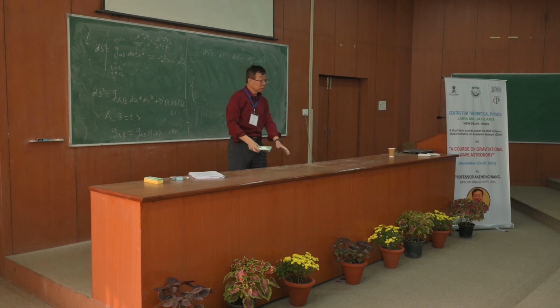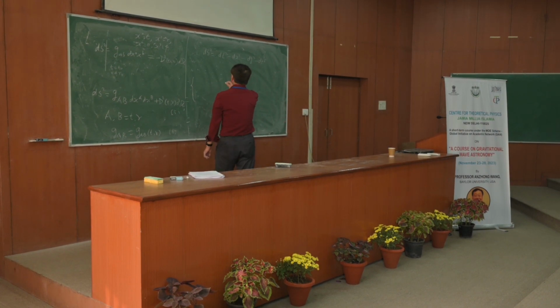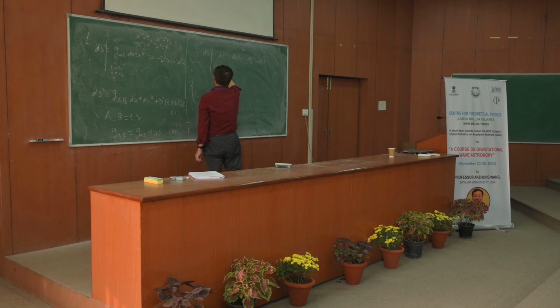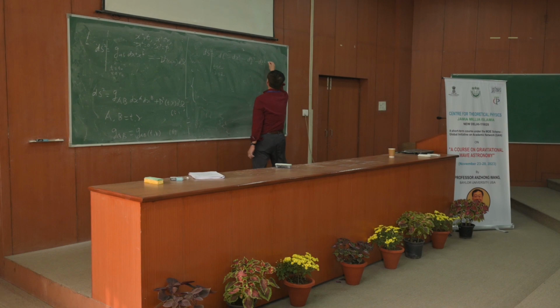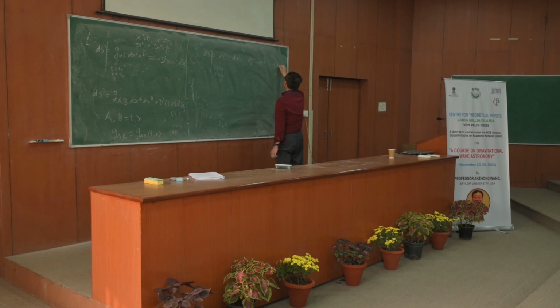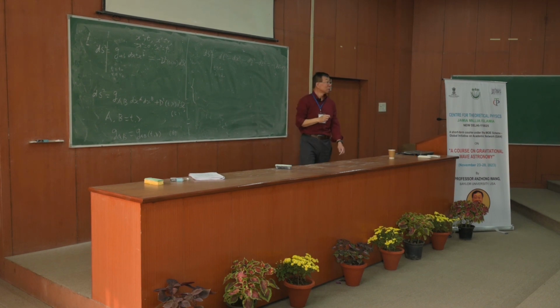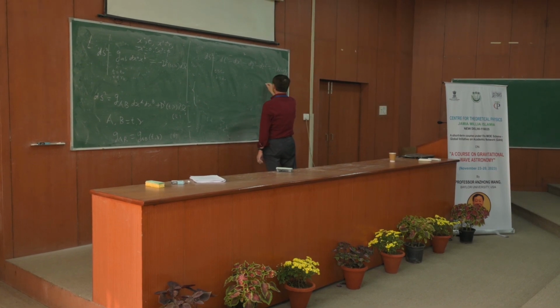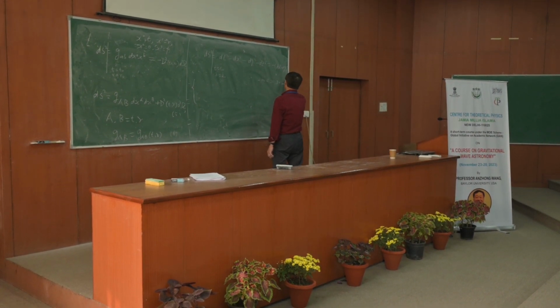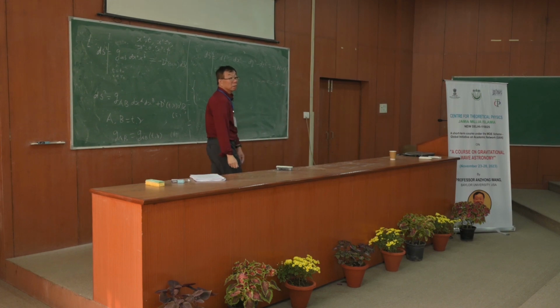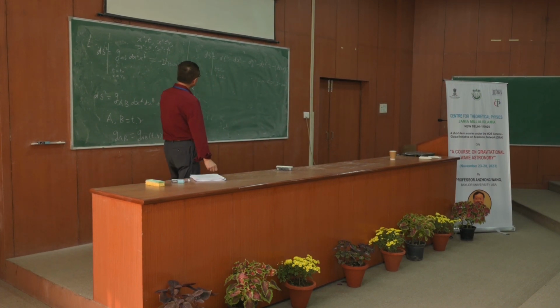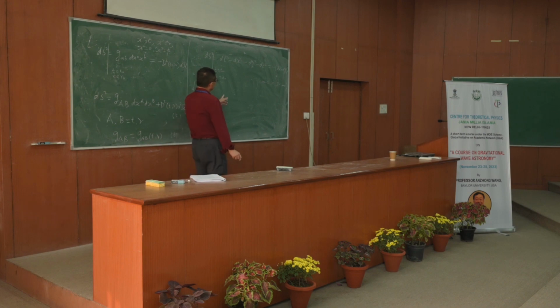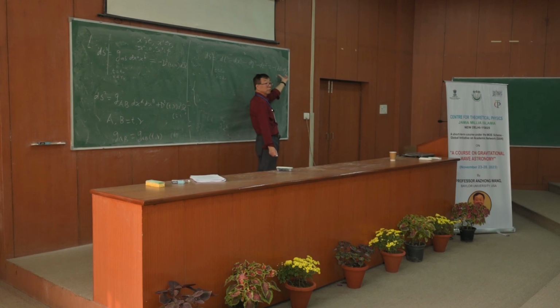For plane symmetry, if I put t equal constant and z equal constant, this will give me minus dx squared plus dy squared. This is a 2-plane, right? So x, y from minus to plus infinity covers the whole plane, because this has a plane symmetry in xy.